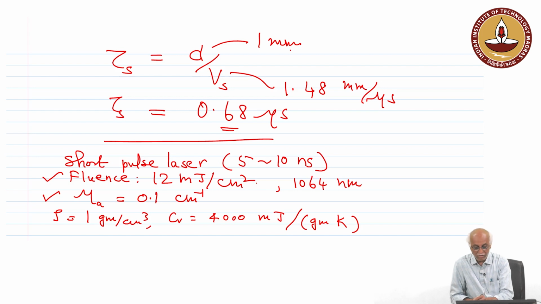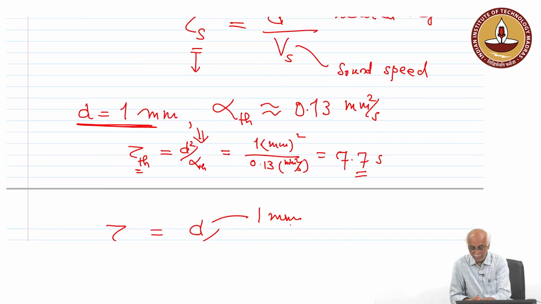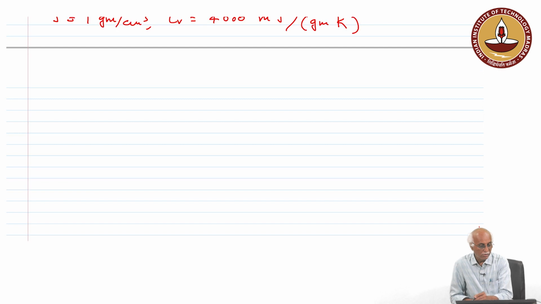So using that formulation, mu A into H, where H is the fluence, is the amount of energy absorbed, and is compared with rho CV into delta T, the temperature rise.